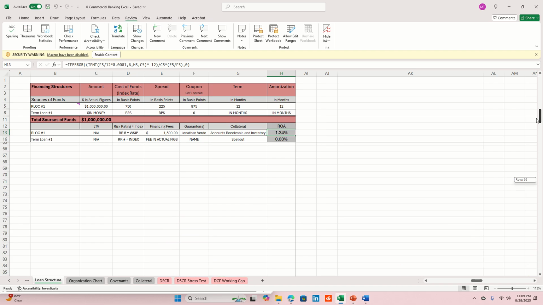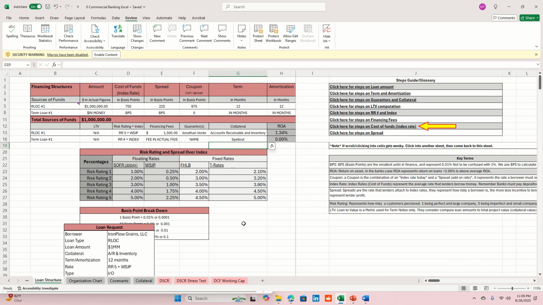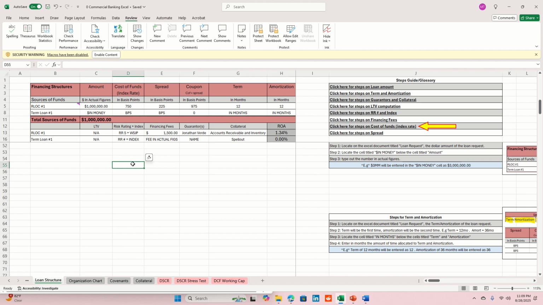In fact, if we were to lose this $1 million, let me just calculate how much it would take to get this $1 million back at 1.34%.